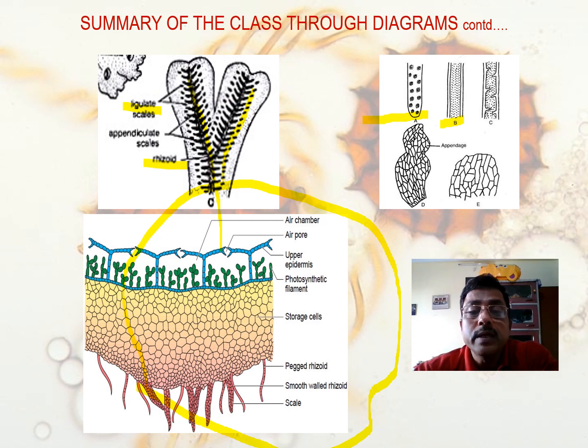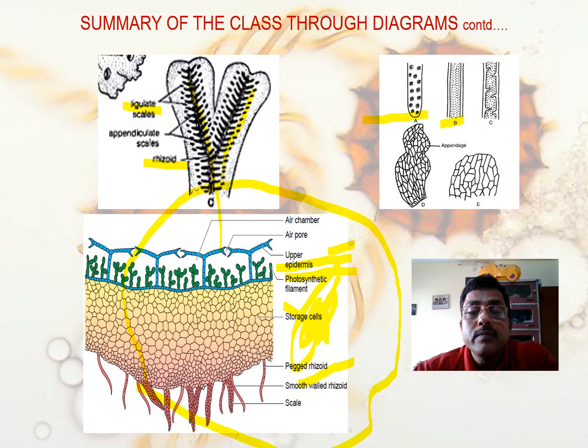So anatomically, we can divide the entire thallus into 3 different regions. First is the epidermal region, both upper and lower epidermal regions. Okay, then the photosynthetic region, this part is the photosynthetic region, and this part is the storage region.